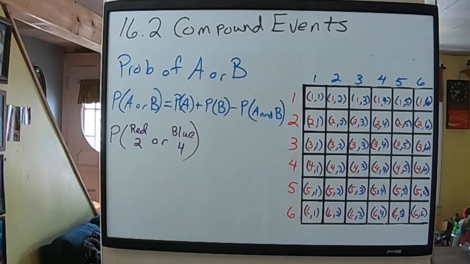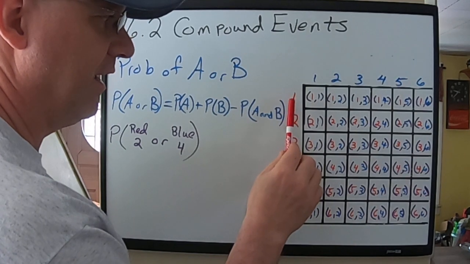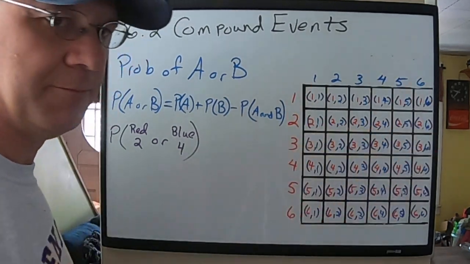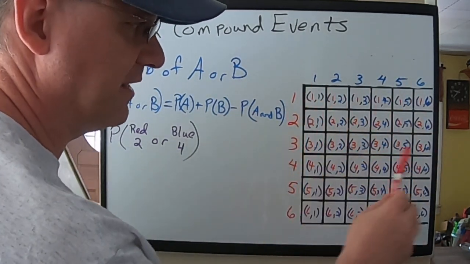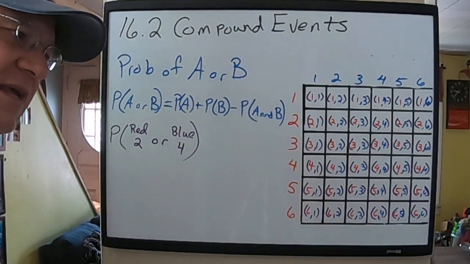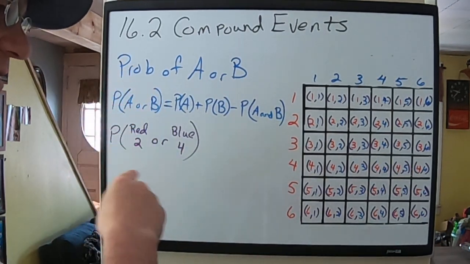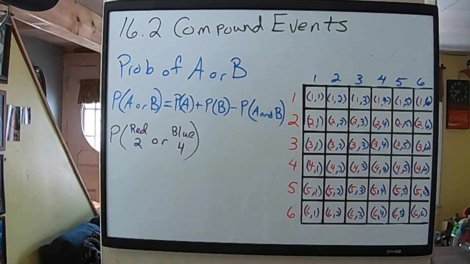So this is a little different now. If you roll 2 dice, a red die and a blue die, these are all the possible outcomes you could have. Now, if you roll 2 of the same color die, that's not what we're talking about here. We're talking about one distinct die and a different distinct die so we can tell them apart.